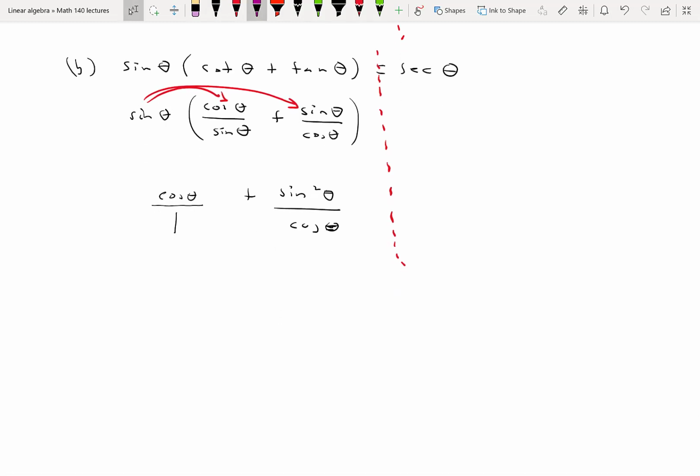Now what I'm going to do off to the left here is bring up some algebra that's going to allow me to do that. Suppose I have something like a over b plus c over d. Now in algebra we teach you a quick way of combining these two expressions.